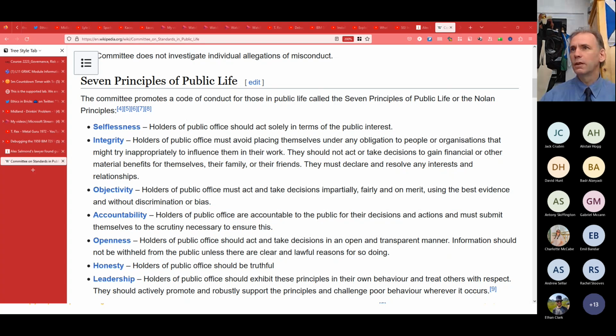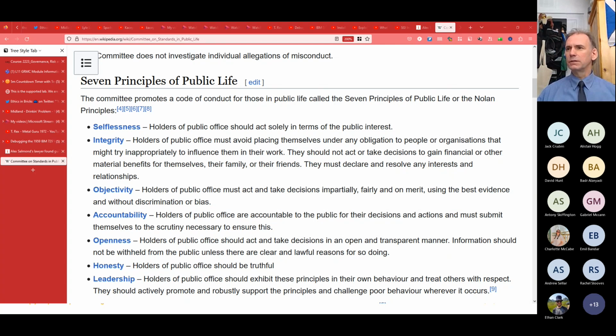So should your organization follow these principles? And it seems to have done it twice. So the overwhelming response is yeah.